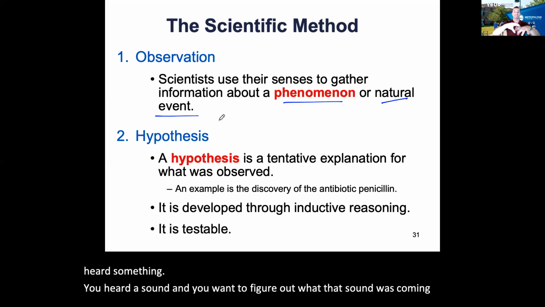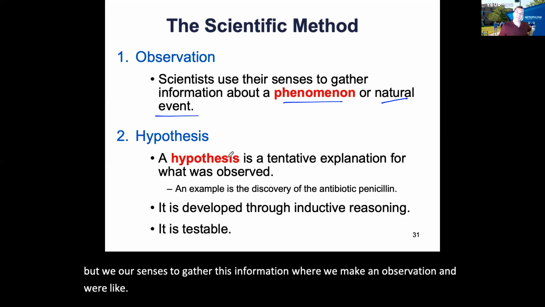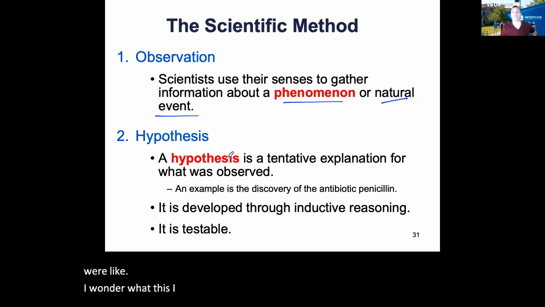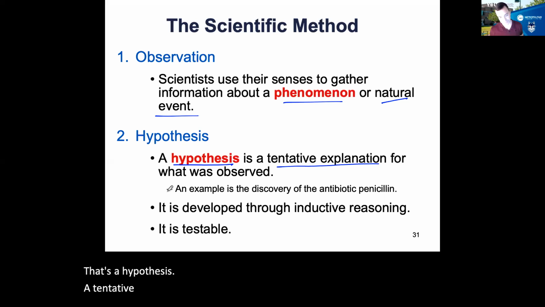But we use our senses to gather this information, where we make an observation and we're like, huh, I wonder what this is. I think this is blah, blah, blah, blah. That's a hypothesis, okay? A tentative explanation for what was observed, okay?